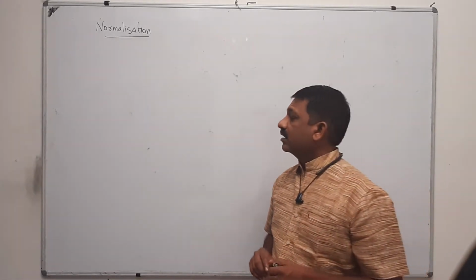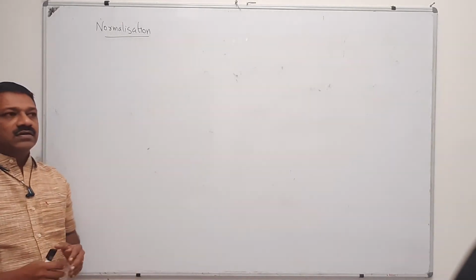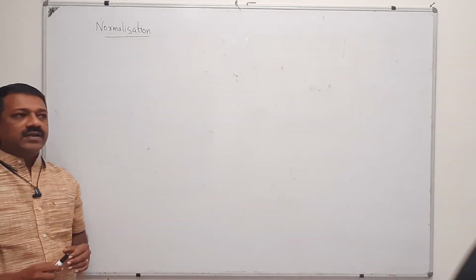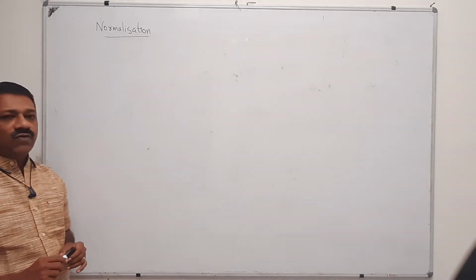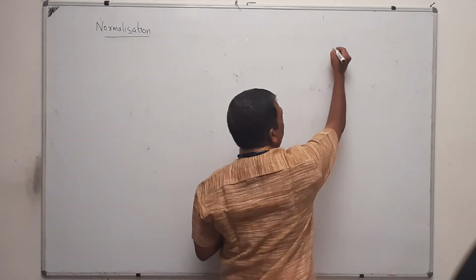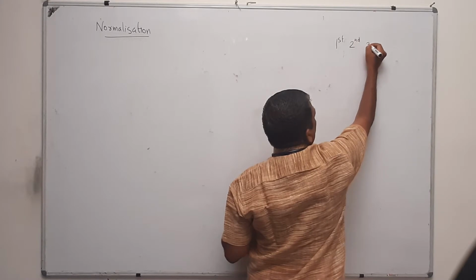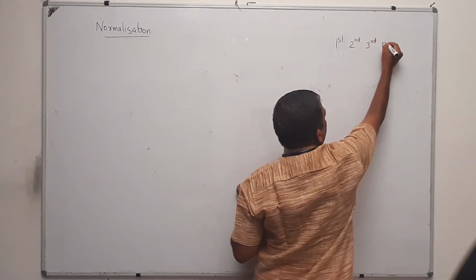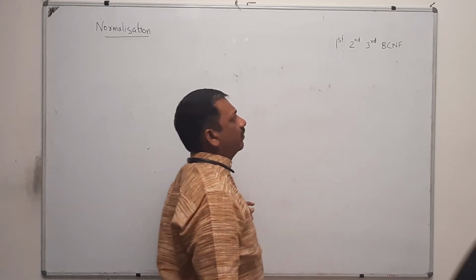As far as functional dependency and database design is concerned, we are dealing with four different normal forms. They are first normal form, second normal form, third normal form, and BCNF. This is Boyce-Codd normal form.